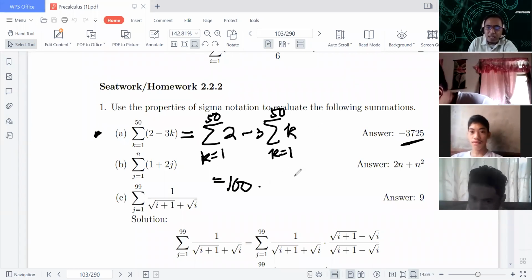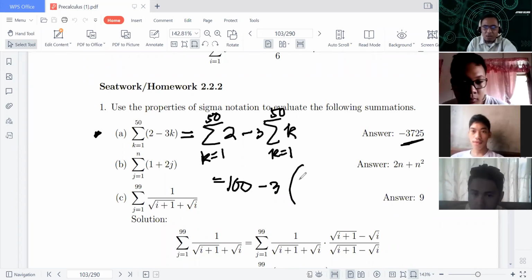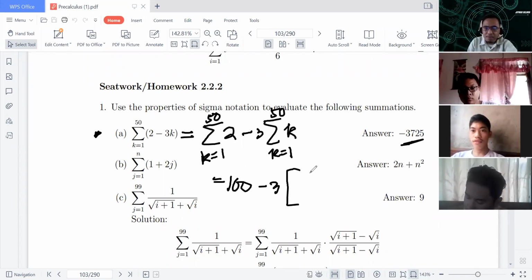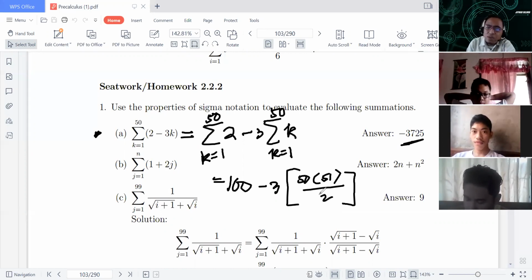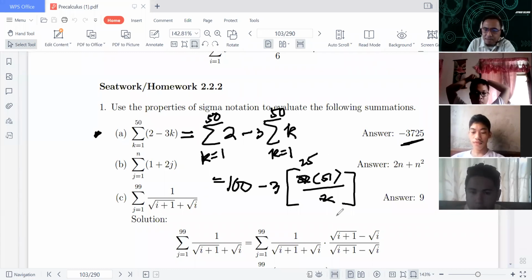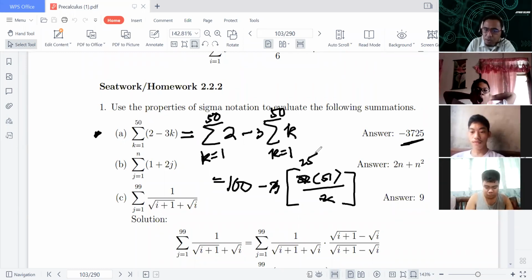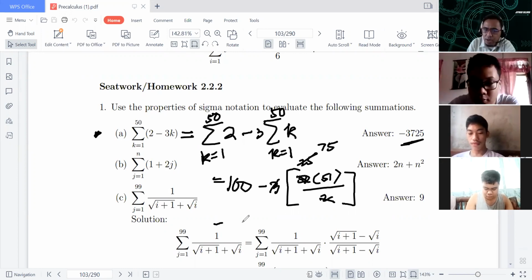So with our N, it will be 3 times 50 times 50 plus 1, which is 51, all over 2, right? 50 divided by 2 is 25. 3 times 25 is 75. So you have 75 times 51, and you have now 100.